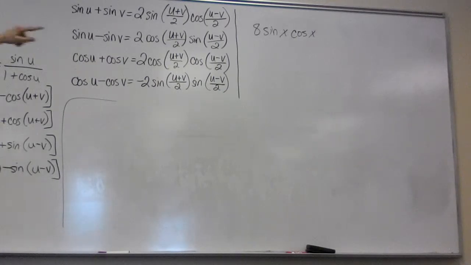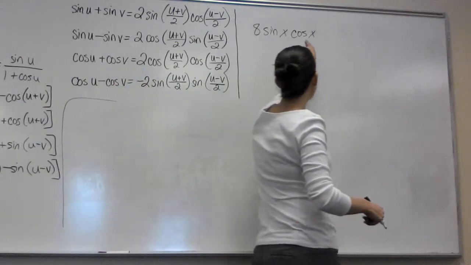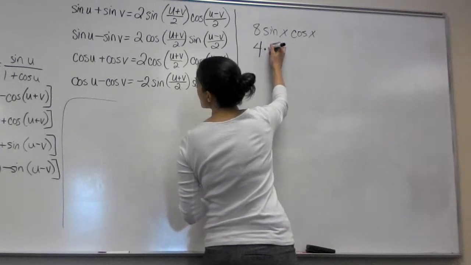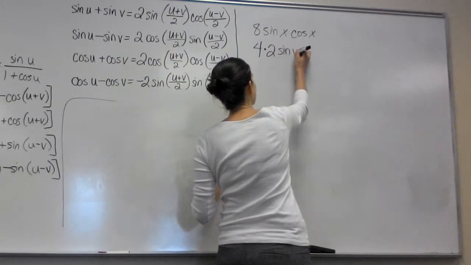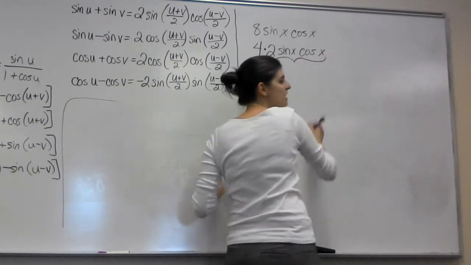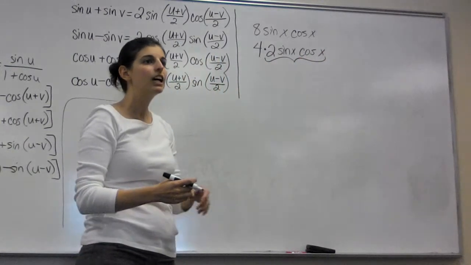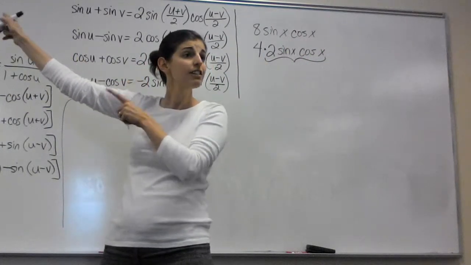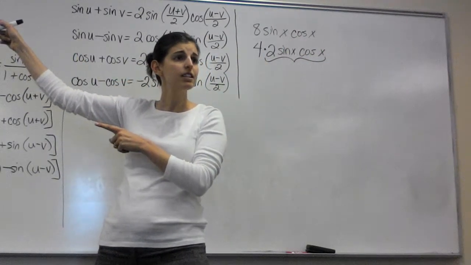So I can rewrite 8 sine of x cosine of x as 4 times 2 sine x cosine x. The advantage to writing it that way is so that you see blatantly that this is the exact same thing as the result of the double angle formula. Does that make sense?